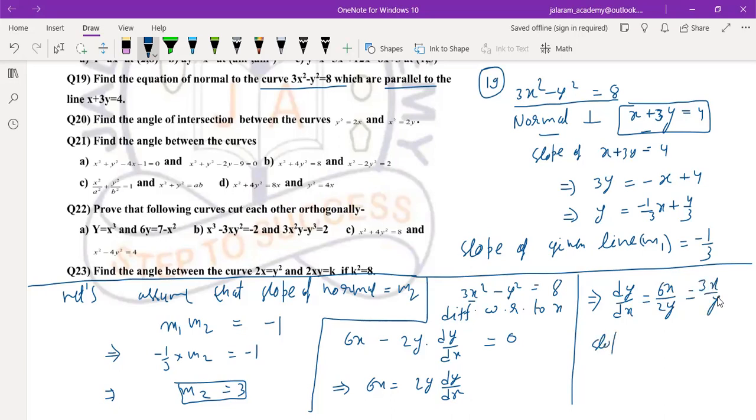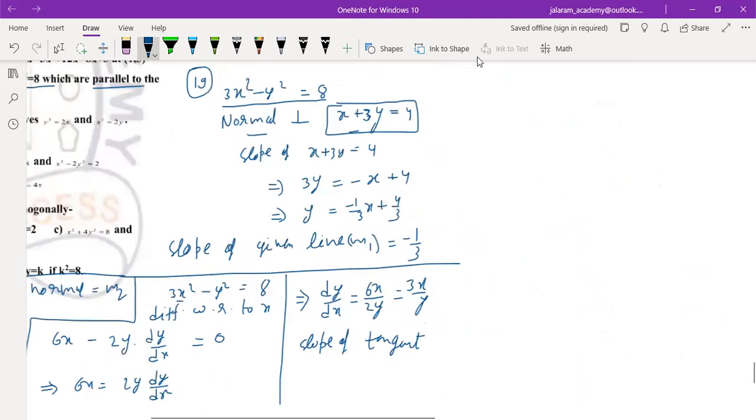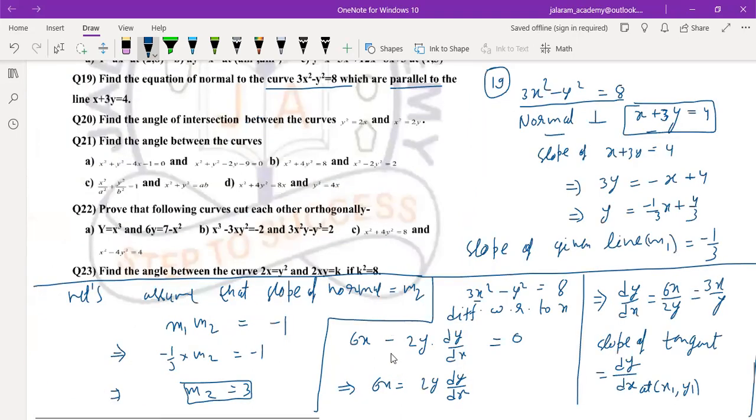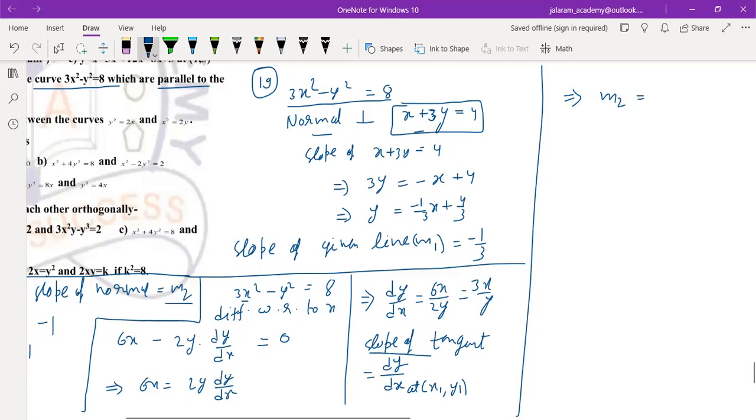What is the formula for the slope of the tangent? We all know that it is equal to dy by dx at x1 comma y1, where x1 comma y1 is the point of contact, and the slope of tangent we have assumed is m2. So in place of slope of tangent we can write m2.